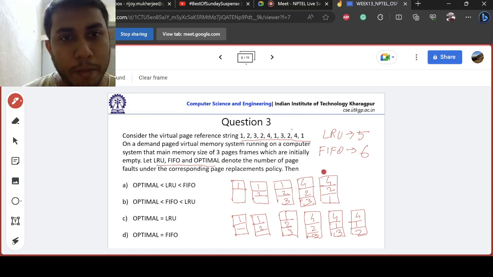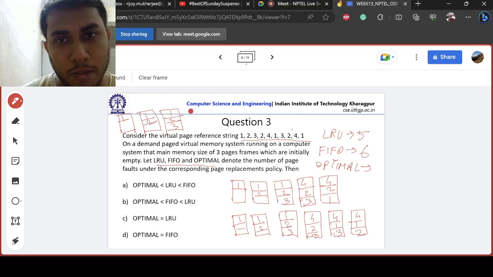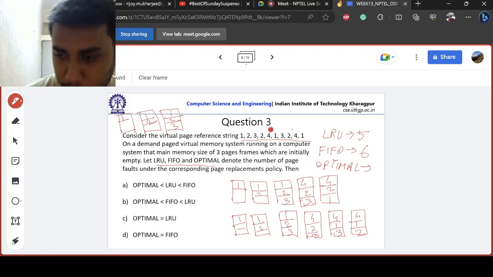Now if you use optimal, let's do it. 1 is there, 1, 2 is there, 1, 2, 3 is there. Now when 4 comes, we check which one is the farthest to be used again.